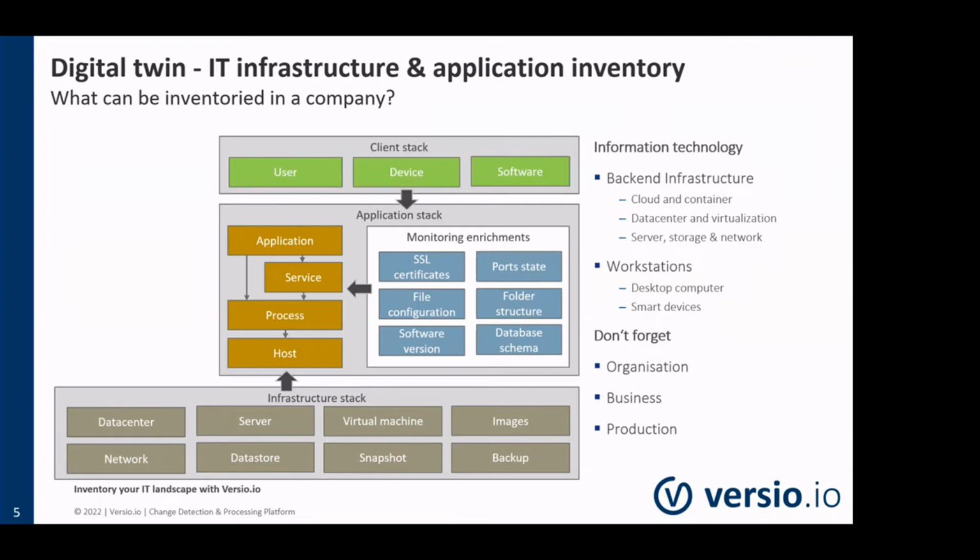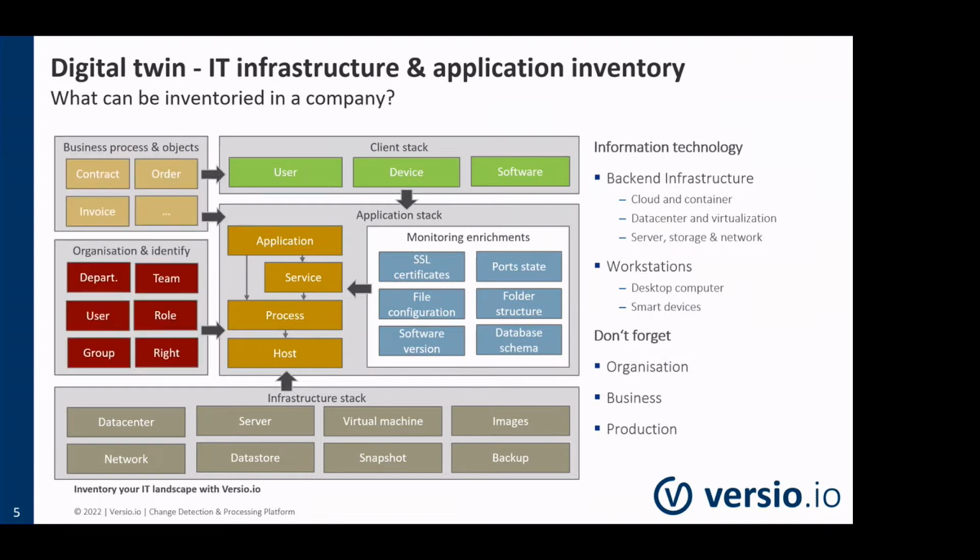On the client side, we can inventory the user activities, the users and devices, and the installed software of those devices. However, there are additional areas that are useful to inventory. This includes, for example, identity management with the users and authorizations it contains, or business objects. Especially for identity data, the detection of changes is particularly important for compliance.